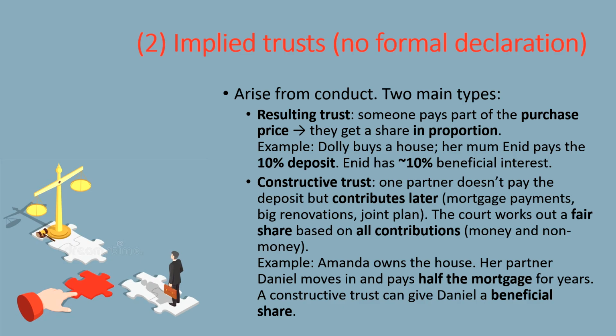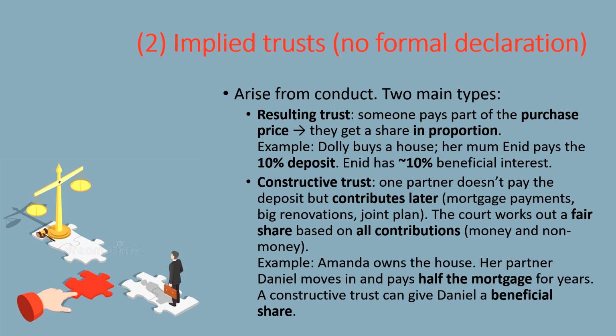Maybe they weren't even together at the time, they just met later on, that kind of thing. But they definitely made some contributions later, like they helped with the mortgage payments, maybe they helped with renovations. Then equity says, well, if they made all those contributions, they've put so much money and time and effort into the property, then we protect it because it's only fair to do so.